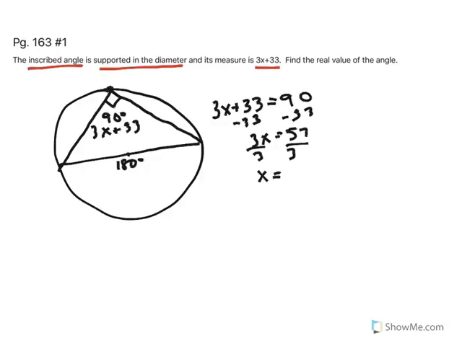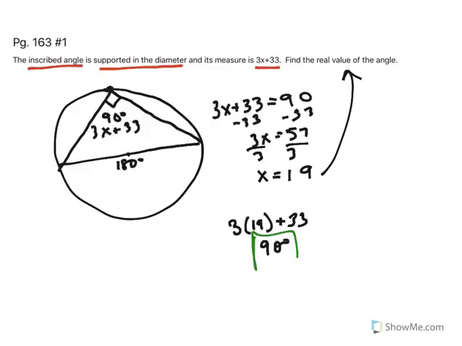X equals 19. Now, we're not finished here because it says find the value of the angle. So you can either just substitute 19 back into the original problem and get 90, or you can just show that you already knew this angle equaled 90 and that's how you solved for x. Okay? So two different ways. But the answer is 90 degrees.